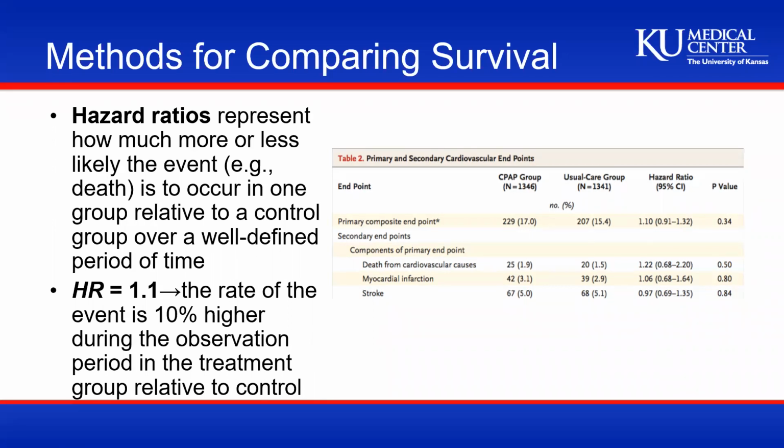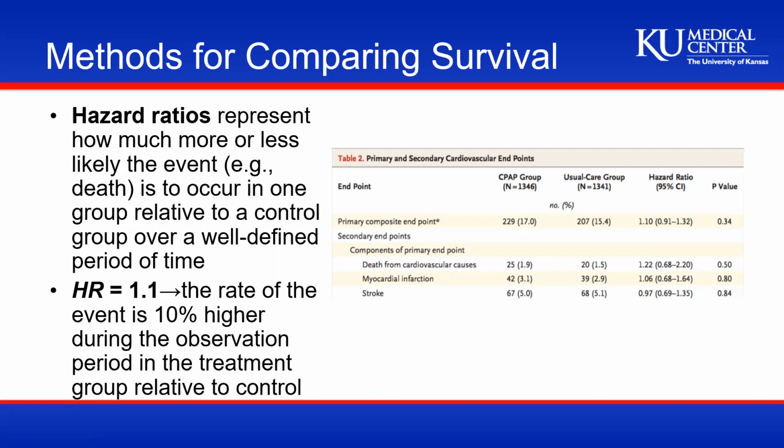So if I have a hazard ratio of 1.1, the interpretation that you could take away from this is that the rate of the event, so rate conveys kind of time, right, as opposed to risk. The rate of the event is 10% higher during the observation period in the treatment group relative to the control.